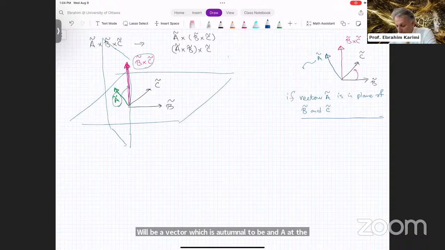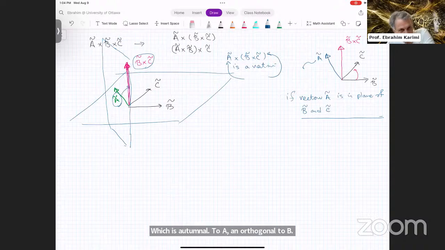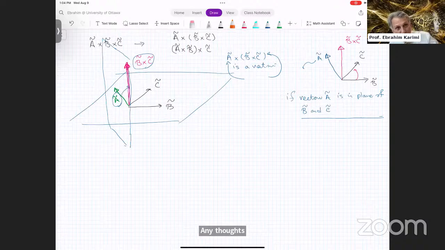Do you get that? So A cross B cross C is a vector orthogonal to A and orthogonal to B cross C. Where should this vector be located? Any thoughts? You can write it in Q&A.